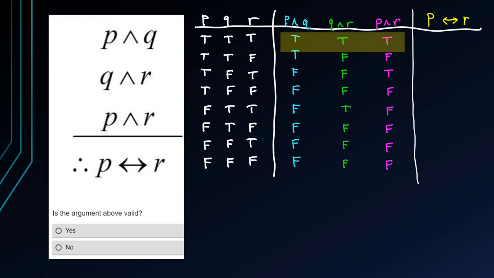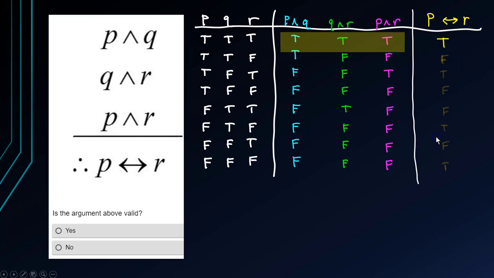I really don't need the rest of the truth table for P if and only if R. I just need this first entry. And when I look at P if and only if R, for this to be true, they have to both be true or both be false. Here they're both true, so that is true.